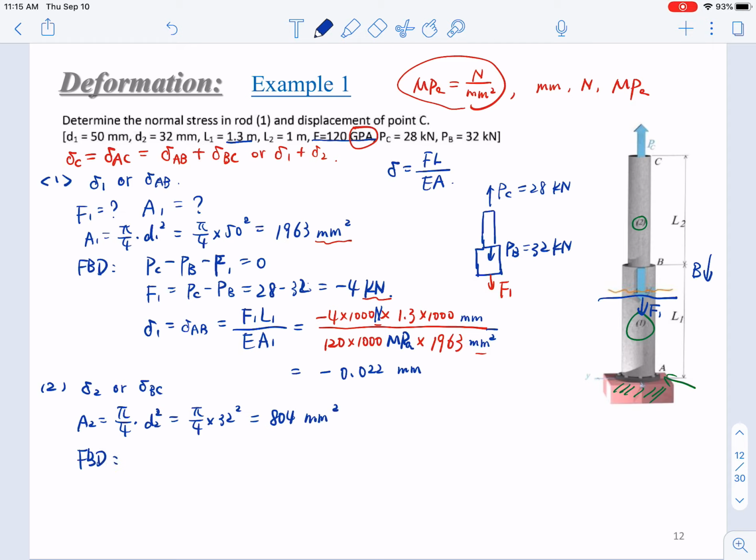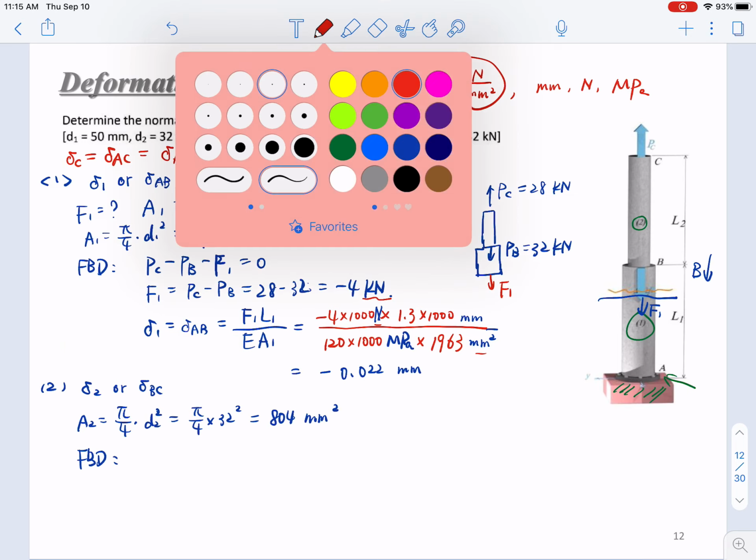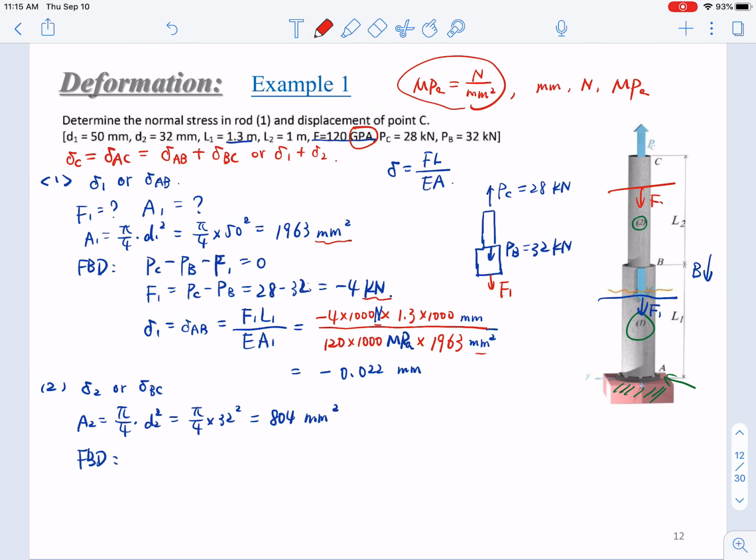Since you have only one thing, which is cut it from here, add F2 here. Right, easily F2 equals what? Equals PC. Right, so F2 equals PC. That is 28 kilonewton. Then we can calculate delta 2 equals delta BC equals what? Equals F2 L2 over EA2.